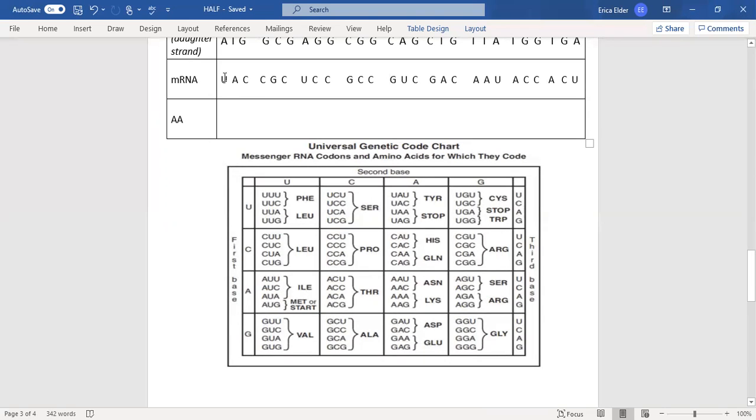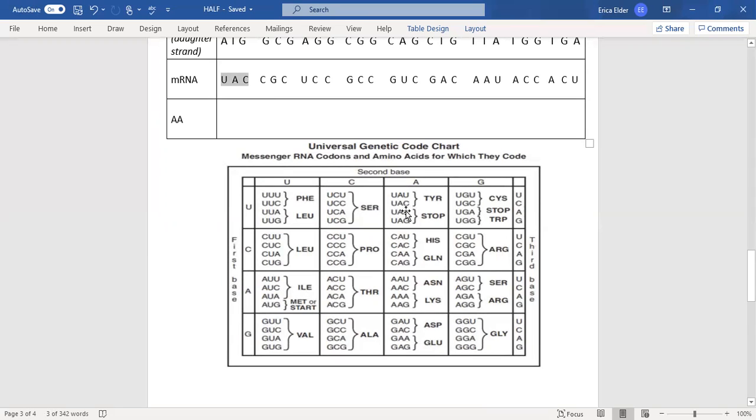If we are looking at UAC as the first codon in question, we're going to look on the far left side for the first letter of the base, which is the letter U. You would then look for the second base, as you see here above the top of the chart, the letter A. So we are going to be in the first row, third column.